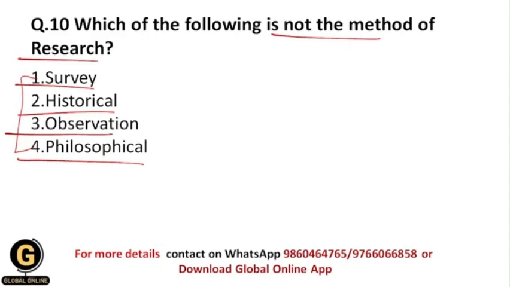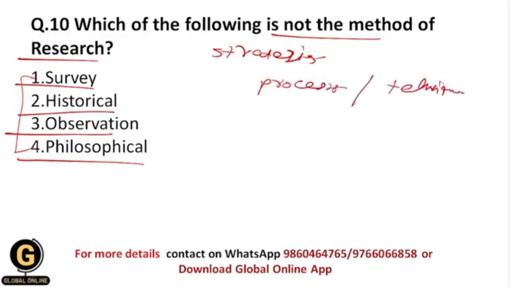So research method basically comprises strategies, processes or techniques that are utilized to collect data or evidence so as to reveal new information or create better understanding of a topic. Okay, and that's why whenever we see this concept of method of research, you will understand that survey is a method of research, historical is again a method of research, observation is again a method of research, but philosophical is not a method of research.